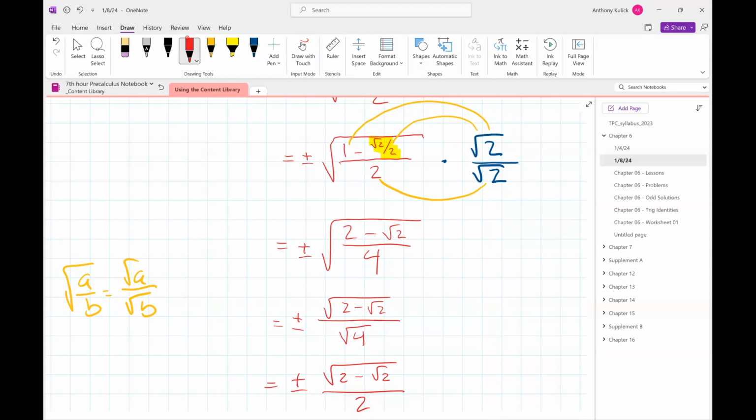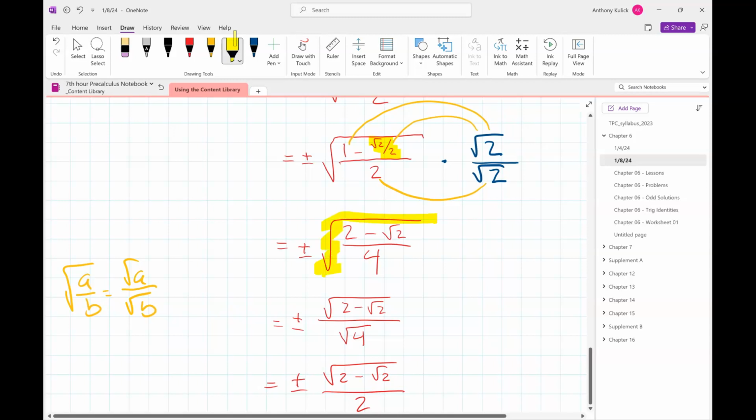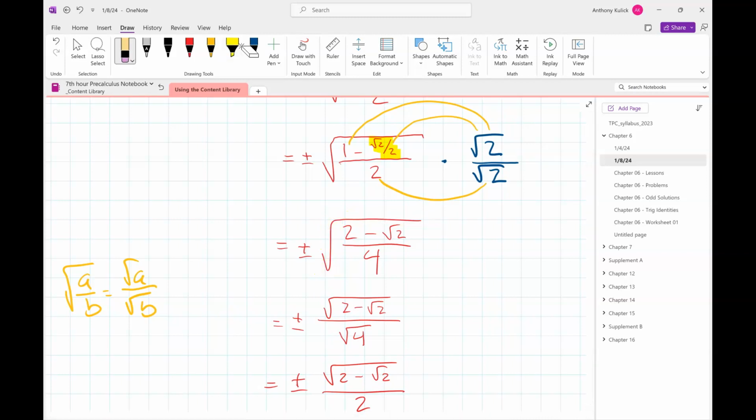Now I want to make a word of caution here. Notice as I'm writing this, I'm being really careful when I'm drawing my radical so that the radical goes over the entire fraction when I mean it to go over the entire fraction, and I have it going just over the numerator when I mean for it to go just over the numerator.